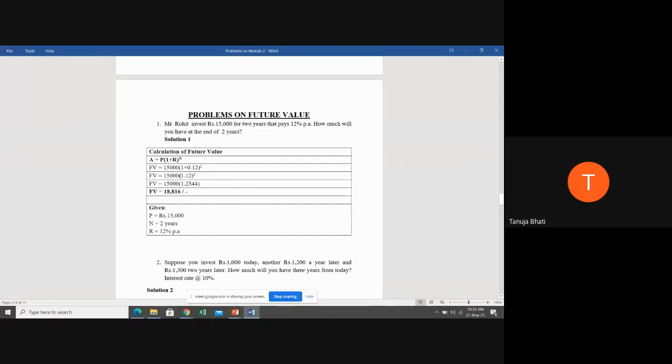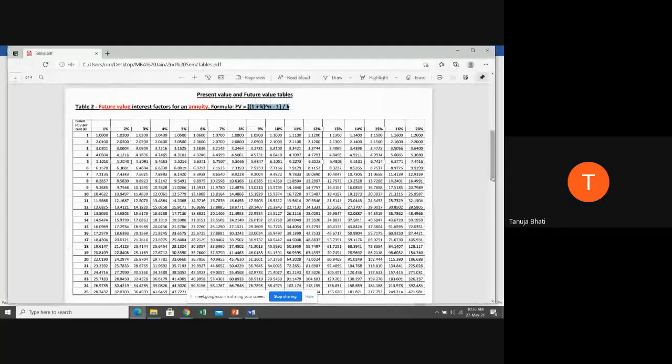First tell me, students, if I have to calculate this using a table, which table number should I opt for? Table number 1 or table number 2? Table number 1, very good, because table number 2 is for annuity, and annuity is a series of equal payments, but this is a single cash flow, so you're going to see table number 1.